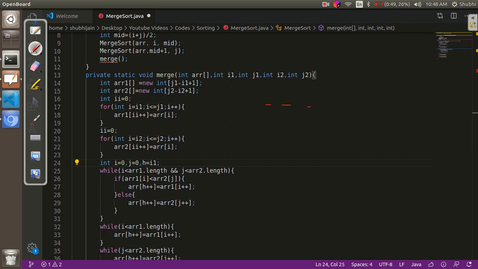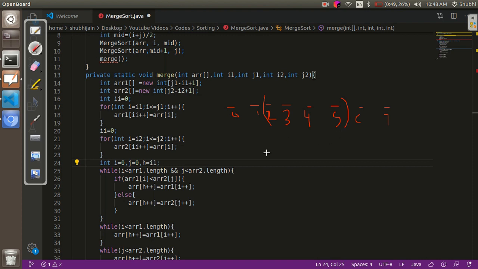Now let's suppose my array had these elements, total 0, 1, 2, 3, 4, 5, 6 and 7 elements. Now this merge can be called for this part.